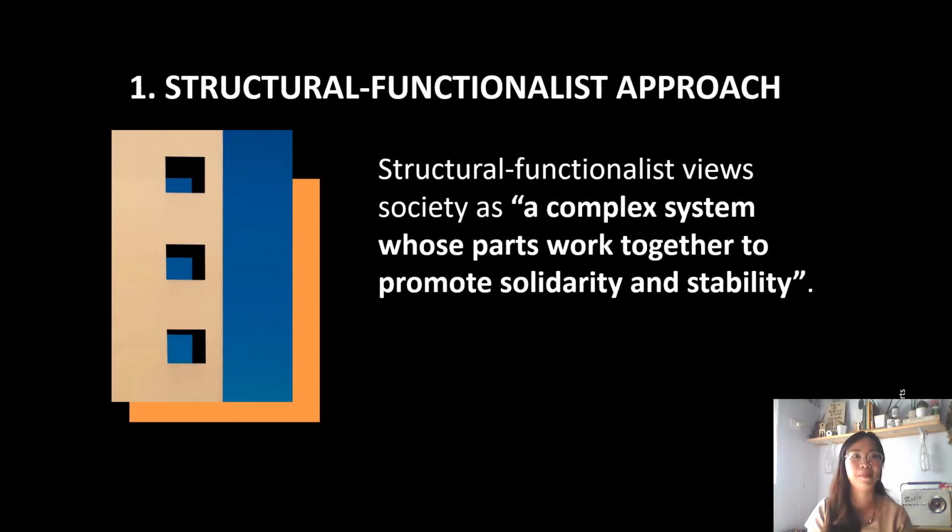It focuses on the social structures of society. Those social structures come in the form of social institutions, the different sectors of society, and even the different cultures that are embedded in society. Basically, everything that's going on in society is deemed as something that promotes or helps to maintain order and stability in society.